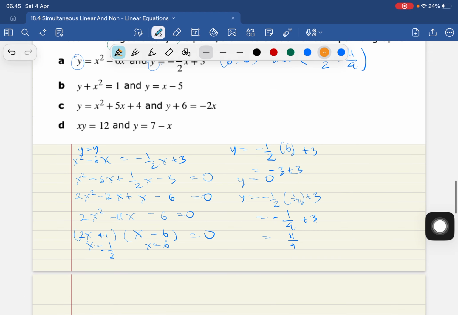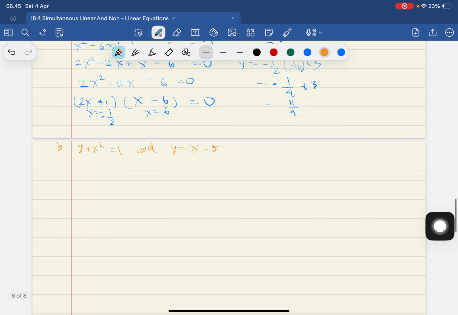Okay, B, I don't have the space, so let me write the equations here. B is y plus x squared equal to 1 and y equal to x minus 5. Let's rearrange it: y equals 1 minus x squared. So we make y equal to y. The first y is 1 minus x squared, the second y is x minus 5.